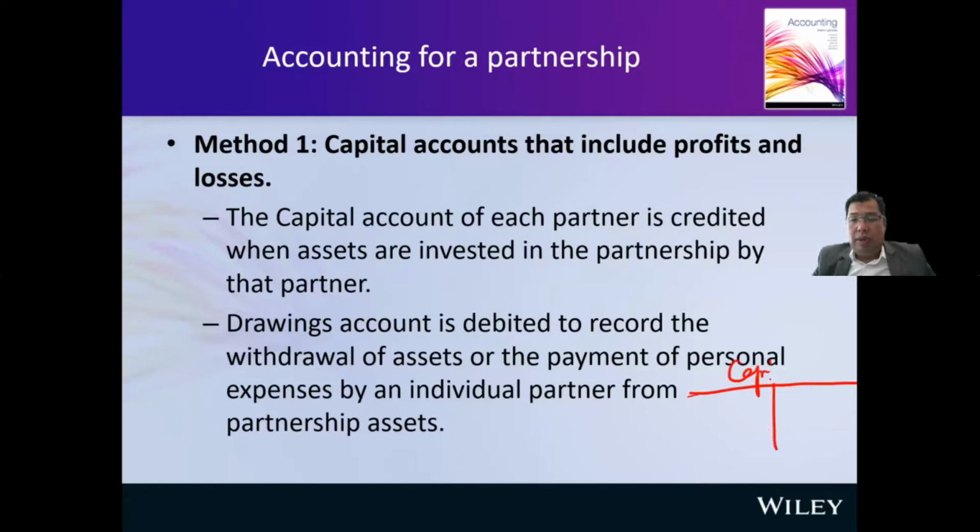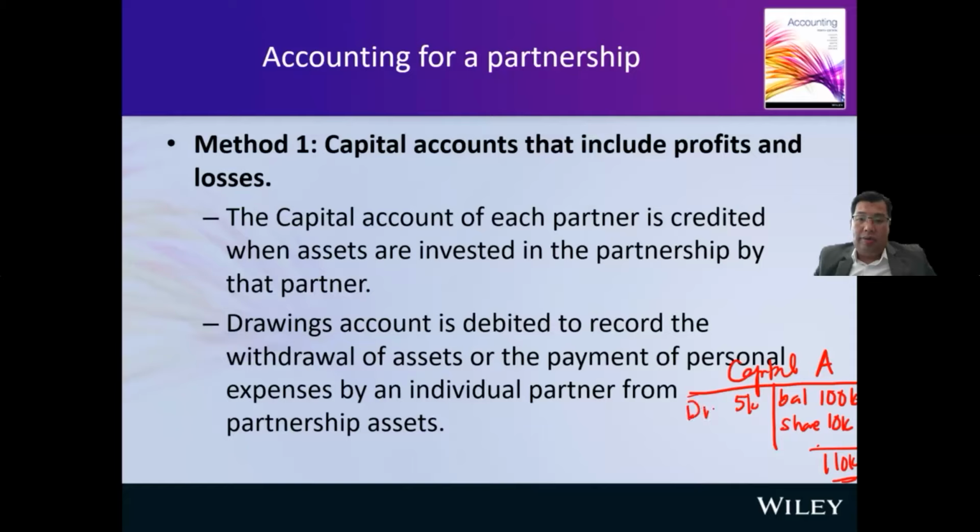So this is capital for A, for example. The capital is 100,000. This is the balance. And then this year, A should share profit of 10,000. Okay, this is share of profit, yeah? Share of profit 10,000. So A's capital now is 110,000. But during the year, A withdraws maybe 5,000.